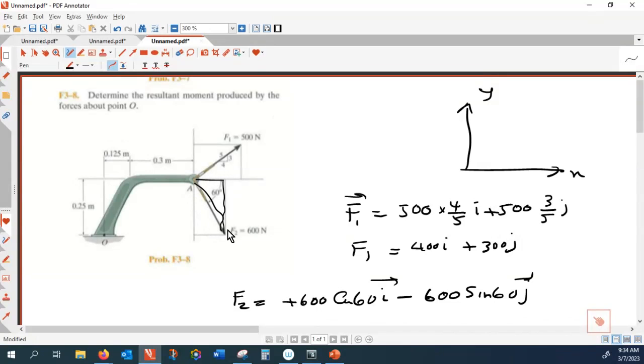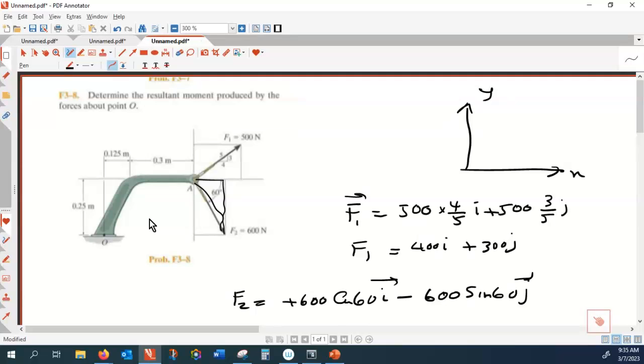What is the adjacent term? The adjacent term is 600, the hypotenuse, multiplied by cos 60. And when you project, that is with the positive i. With the opposite side, that is 600 multiplied by sine 60, but the arrow is showing down, which is with a negative j.